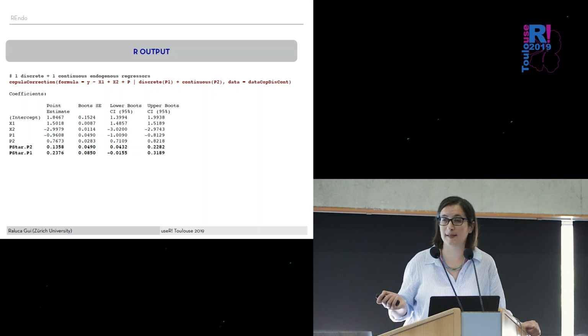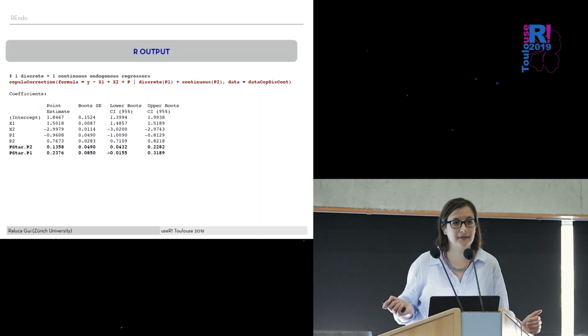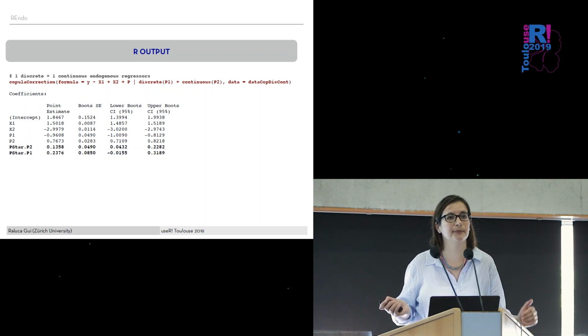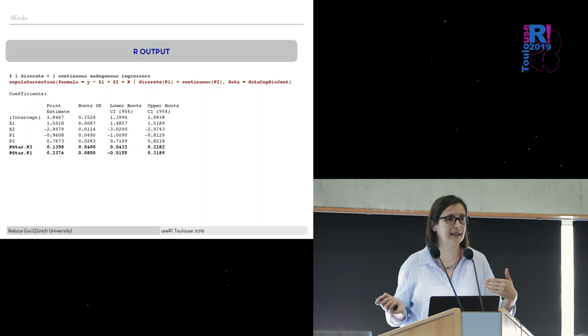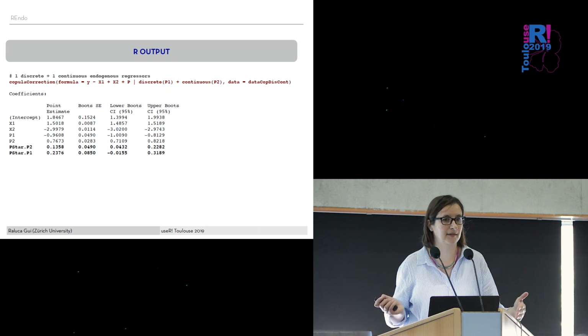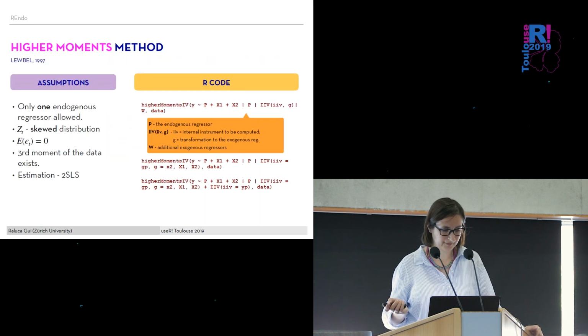It will spit out, for example, here P star, an additional regressor, whose sign, if it's positive, tells you the correlation between error and endogenous regressor is positive. And if it's statistically significant, it tells you that indeed you have an endogeneity problem on P1 and P2 respectively.